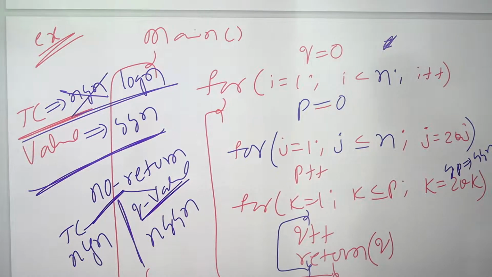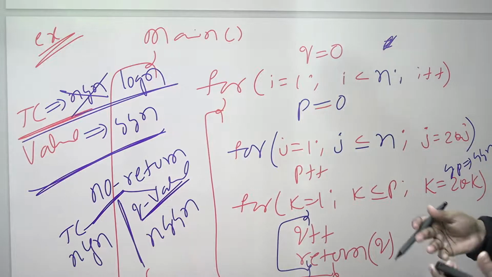You will go inside, Q value will increment by 1, return Q. It means the I loop runs one time, the J loop runs fully, and the K loop runs one time. So P value becomes log n, and Q value becomes 1 only.